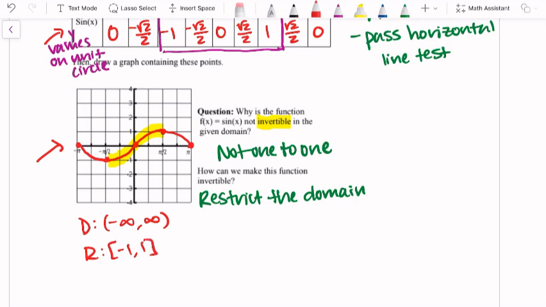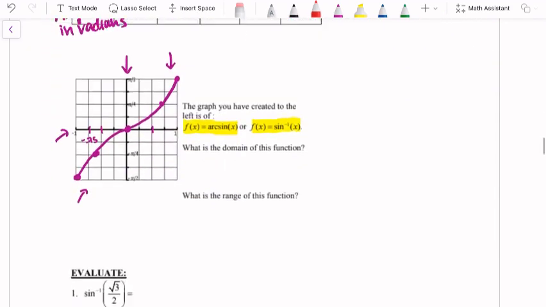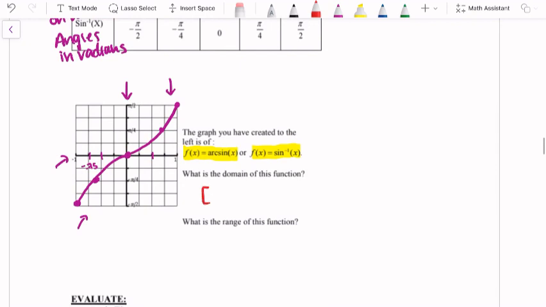But because we restricted the domain, it's not negative infinity to infinity. We restricted it to negative pi over 2 to pi over 2. Because we're finding our inverse, the domain and range will switch. So now our domain is going to be negative 1 to 1, and the range of our function is going to be what the domain used to be, so negative pi over 2 to pi over 2.